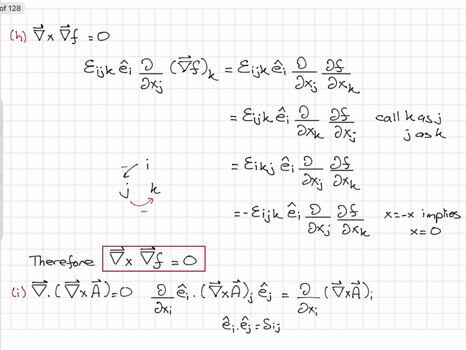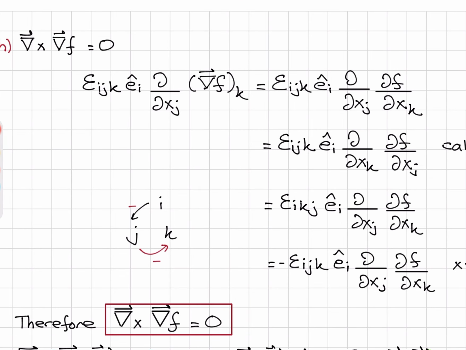Okay, so in this part we have curl of gradient of f. For the del operator we have ei hat del xi, but this is the curl, so we have epsilon ijk ei hat, the j component of the gradient, which is del xj, the k component of the gradient of f, which is del f del xk.